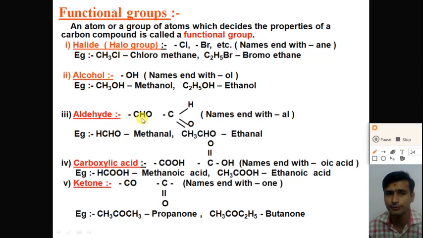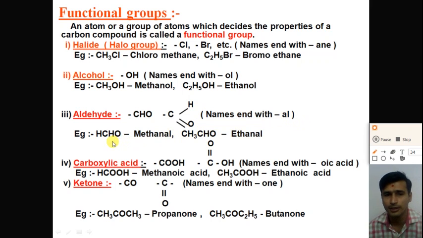Aldehyde ends with the CHO. In the CHO, carbon and oxygen make a double bond between the carbon atom and the oxygen atom, and the carbon atom is also connected with a hydrogen atom with a single covalent bond, and its name ends with the "al".